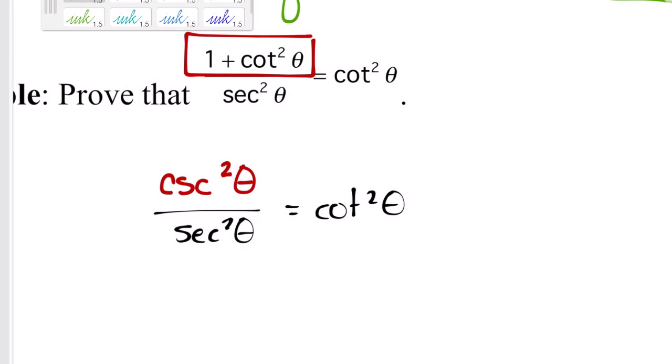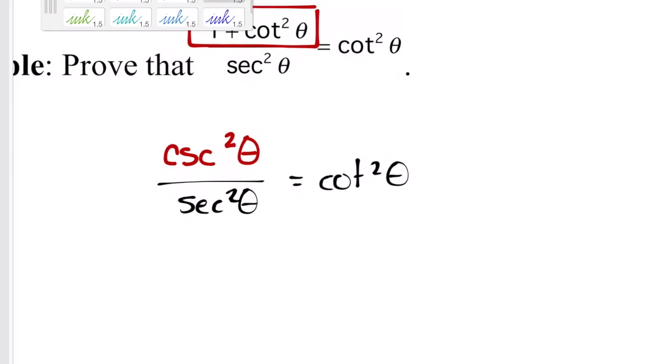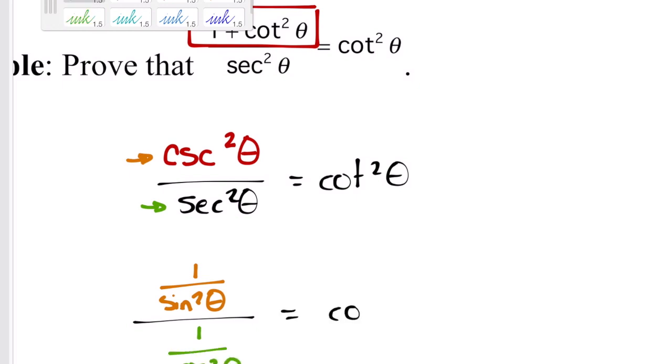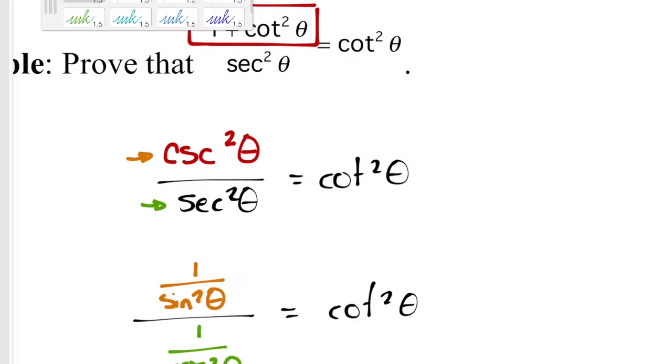So from here, I can't really do any Pythagorean identities because there's no 1 involved anymore. So I'm going to try to change things to sine and cosine. So I know my cosecant is 1 over sine squared theta, and that my secant is 1 over cosine. And this is still equal to cotangent squared theta.